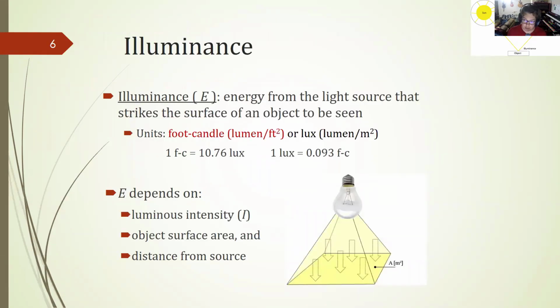All right, so our next term, following our little graphic here in the top corner: we have luminous flux, total energy, or luminous intensity, the light energy in one direction. And now how do we categorize how much light energy strikes an object that we are trying to look at? We generally quantify this energy by the surface area over which this energy is acting.